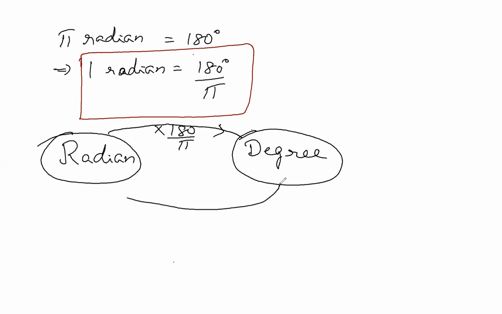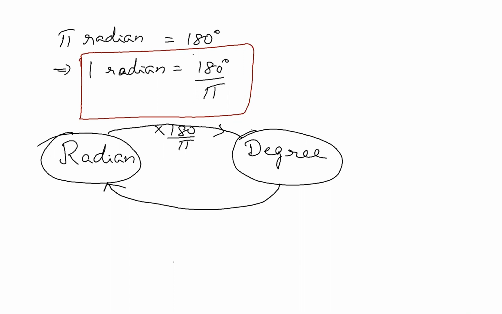On the other way around, degree to radian. If you want to convert degree to radian, Maria Roby, can you say what to do? Divide by 180 by pi. So she is correct.